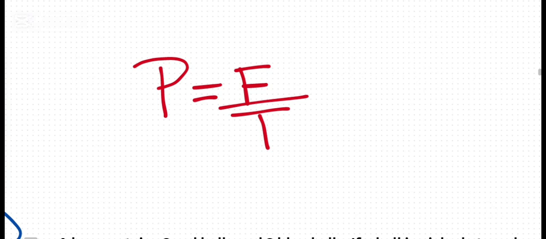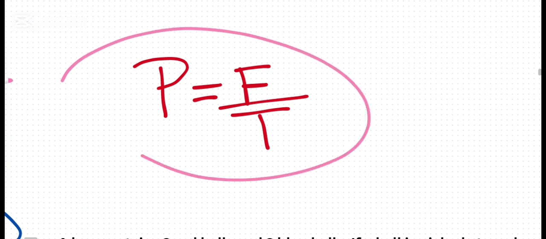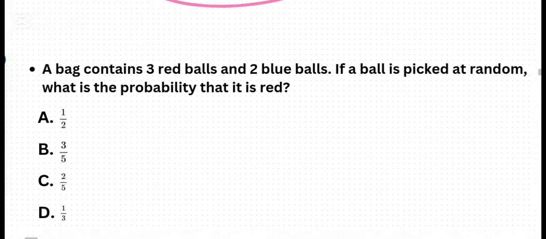We will try to memorize this formula in short form: P is equal to F divided by T, because when we solve the questions we try to use the formula this way. Okay, so let's move on to the question.